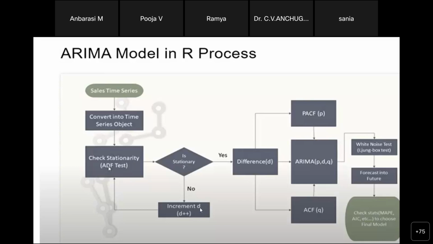Generally, the formula is y equal to signal plus noise, because the given graph itself is based on the signals only. So y equal to signal plus noise. Based on that only, we calculate the test. Generally, they perform this white noise test by using the Ljung-Box test.